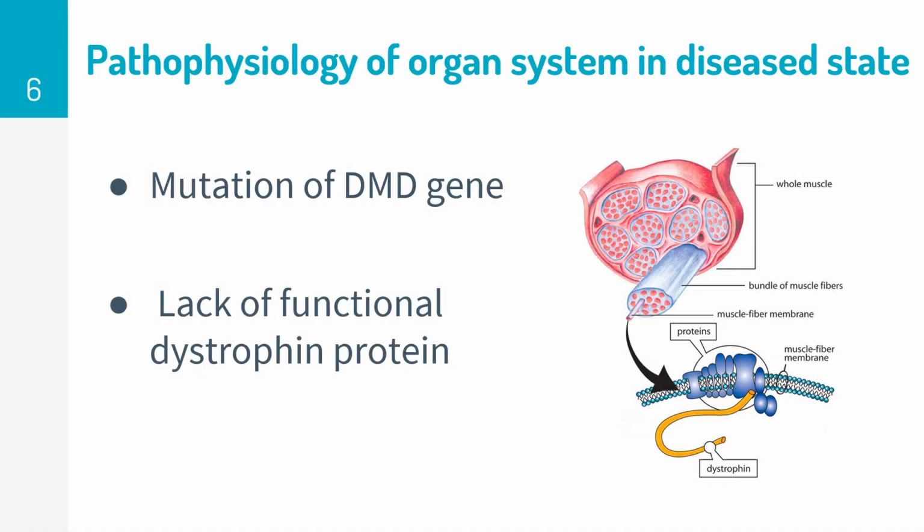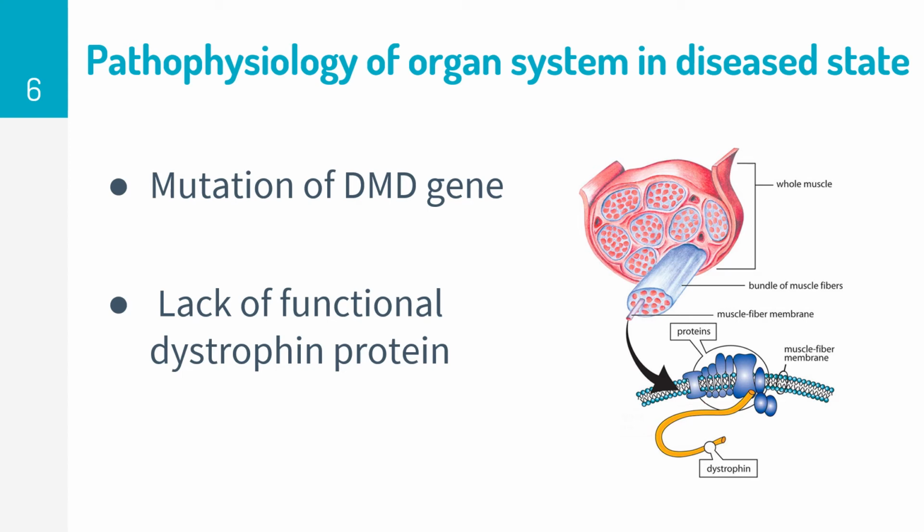So now let us consider the pathophysiology of the muscular system and its disease state. When we consider individuals that have Duchenne muscular dystrophy, we're really talking about a mutation of the DMD gene occurring within these individuals. The DMD gene is responsible for the production of the dystrophin protein.